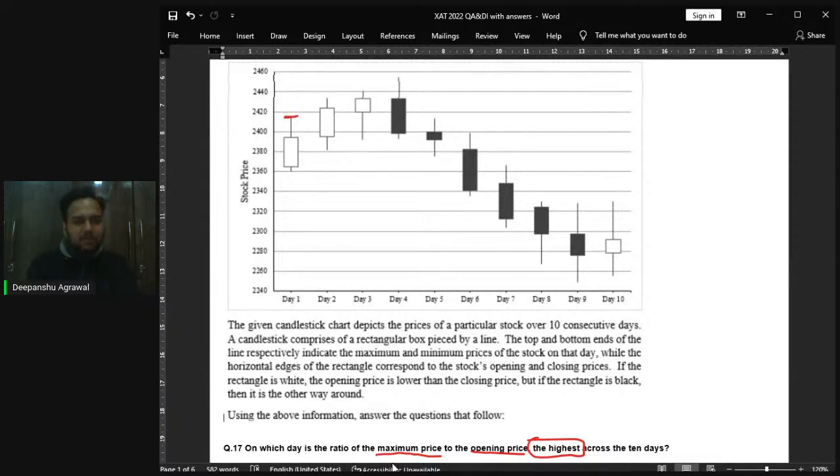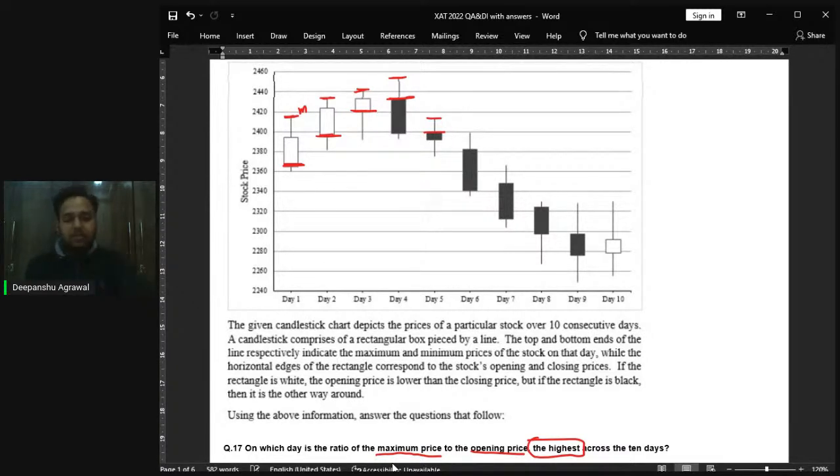Maximum is this, opening price is this in the first one. Maximum is this, opening is this. Maximum is this, opening is this. Because in the black rectangles, it is the other way around. Correct? Maximum is this, opening is this, and so on. So we have to calculate which ratio is highest.